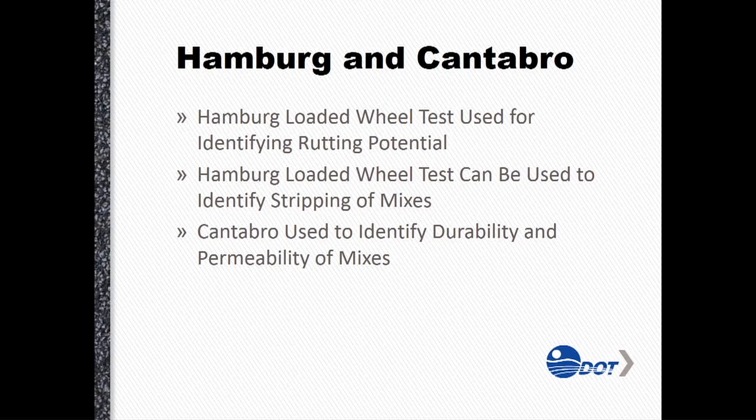Hamburg can also be used, and this is some new research, in identifying stripping issues. The curve on the Hamburg will come across and then drop off where it strips and turns loose and weakens. And then the Cantabro right now is used to identify the durability and the permeability. You take an asphalt puck and toss it into an LA machine for 300 cycles.